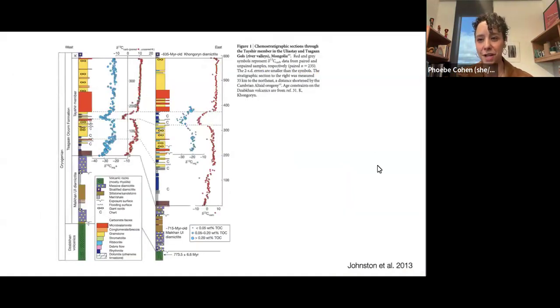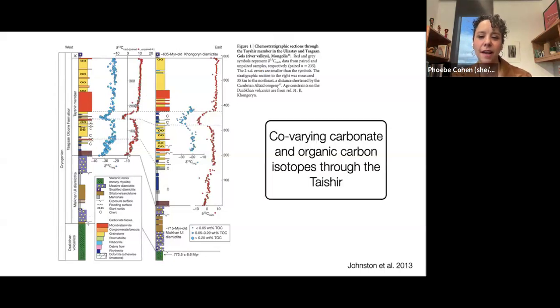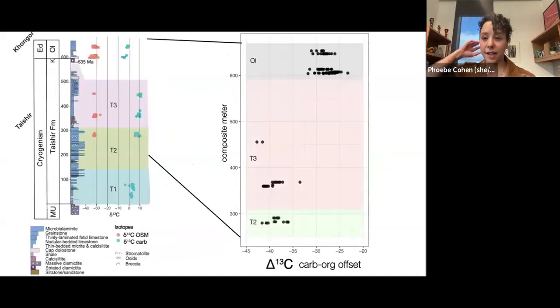Okay, so what else does this mean? We also have this really wonderful paired data from Dave and colleagues, and they present some interesting ideas about the source of this pairing, but you see this really strong covariation between carbonate and organic carbon. So if we look at our cap delta, so our offset between our carbonate carbon and our organic carbon, we see something which I think is pretty interesting, which is that there's a big shift here.